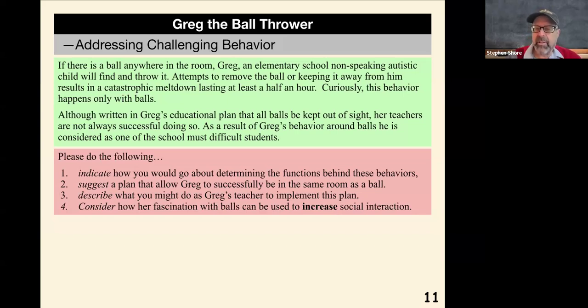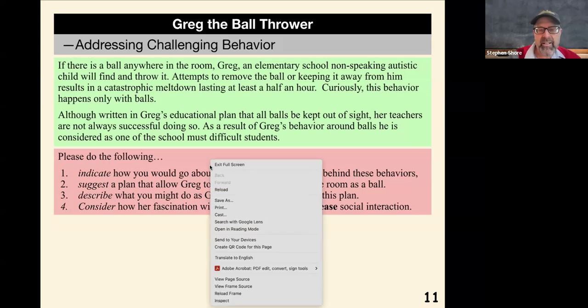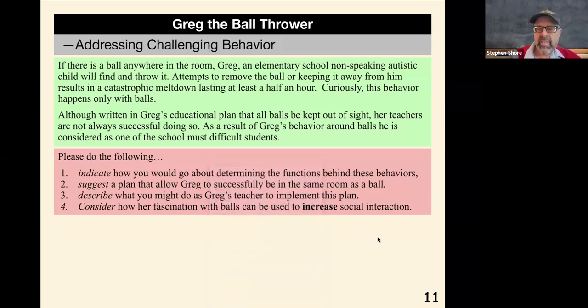Maybe there's a second person in the room who also has a ball that Greg can go to. And in this way, instead of being the taker-awayer of his favorite activity, I am now the provider of this activity. And then we can begin work on teaching Greg to count, categorize, or whatever else he needs to be taught.